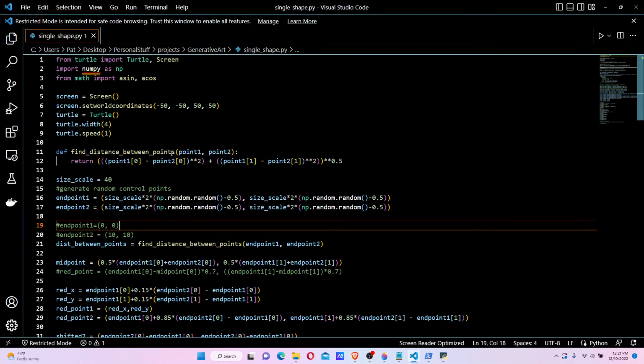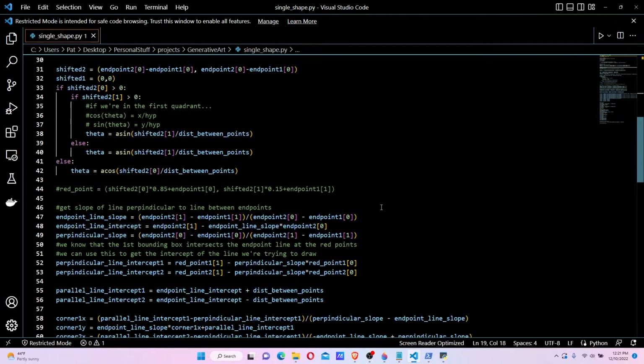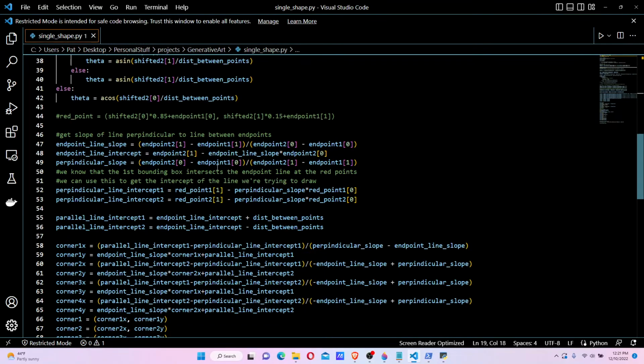Okay, so how do I do the perpendicular slope? Perpendicular slope, n.2 is 0 minus n.1 is 0 divided by n.2 of 1 minus n.1 of 1. Whew, that seems like a good slope.